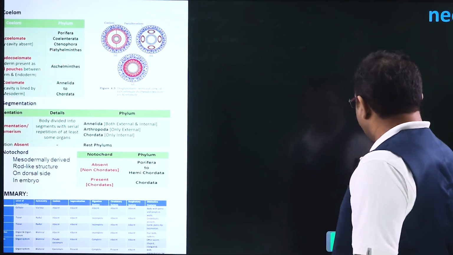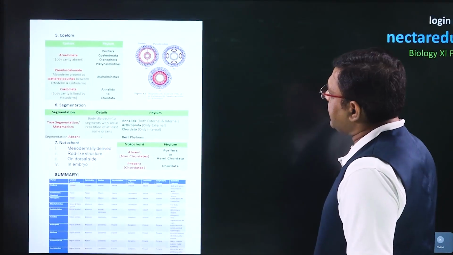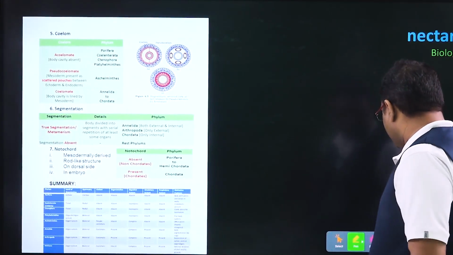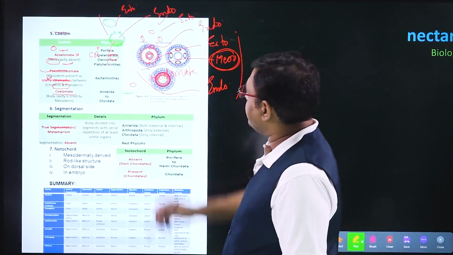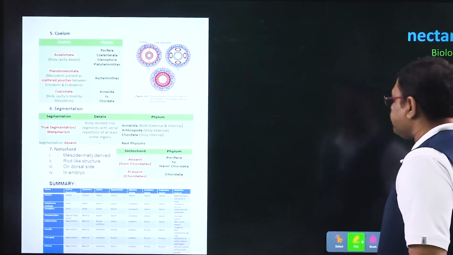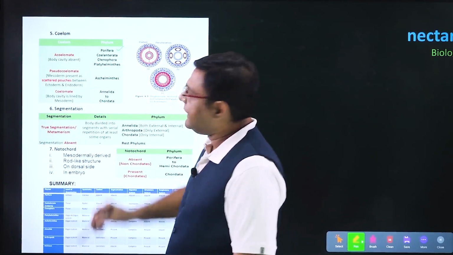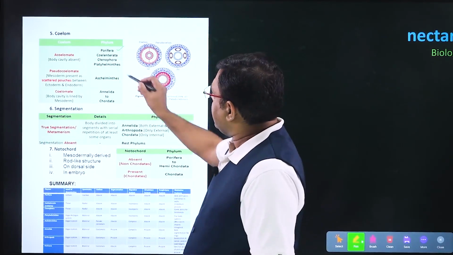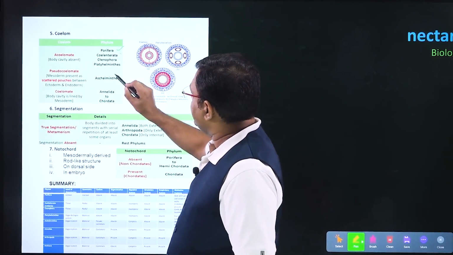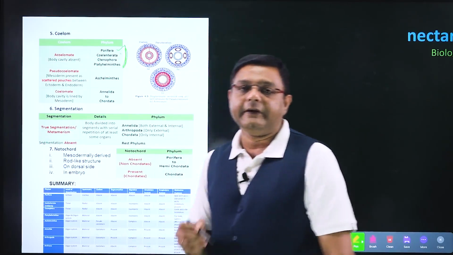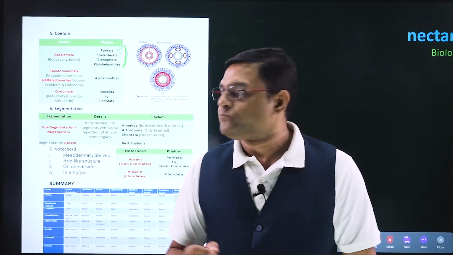After this, looking into the phyla in which this condition is present. The first phylum is Porifera. In Porifera, it is the acoelomate condition. Then Coelenterata, Ctenophora, Platyhelminthes. Till Platyhelminthes, there will be no coelom present.